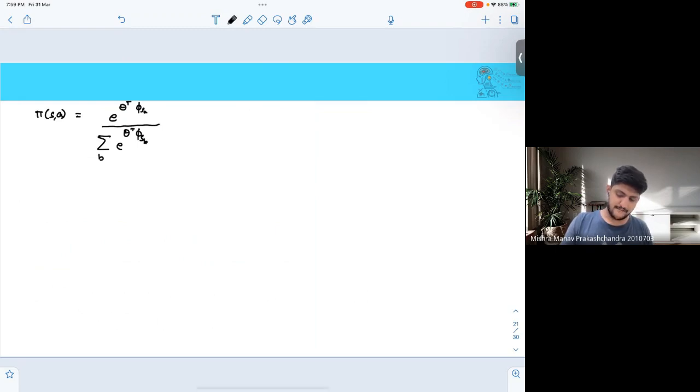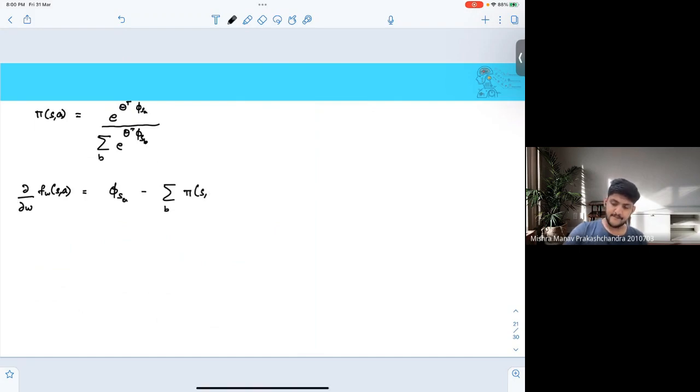So if I simply put this into the equation, finally my dou by dou w of fw s comma a looks like this quantity. It's just a matter of substituting it there, and we get times phi sb.